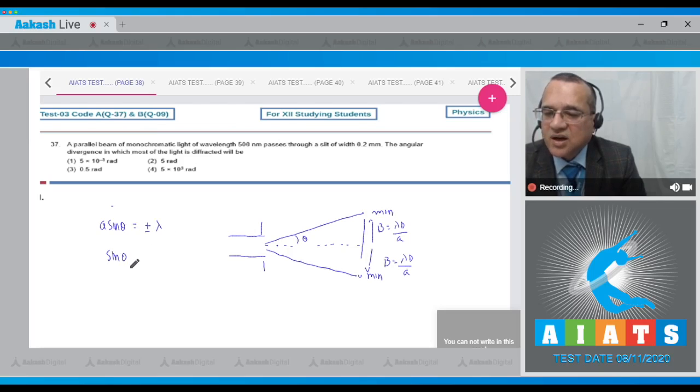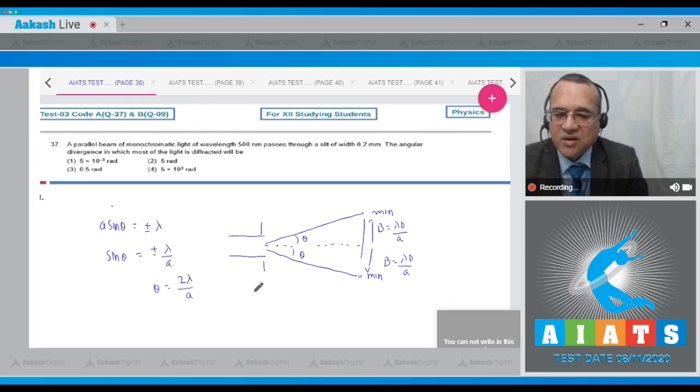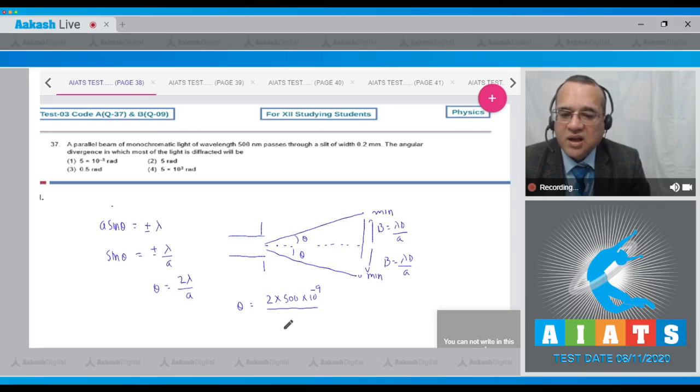So sin theta is equal to plus minus lambda by A, and the total angle theta would be equal to 2 lambda by A. So that is the divergence angle. The total angle theta will be equal to 2 times 500 into 10 to the power minus 9, and A is given as 2 into 10 to the power minus 4. Solving this value, the first option comes out, 5 into 10 to the power minus 3 radian. So the answer is 1.